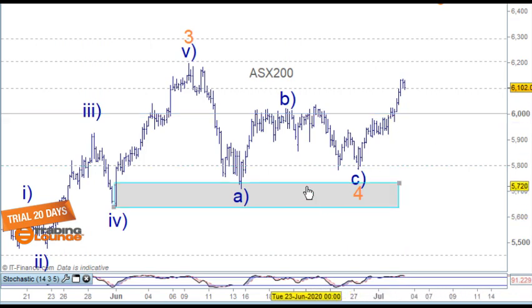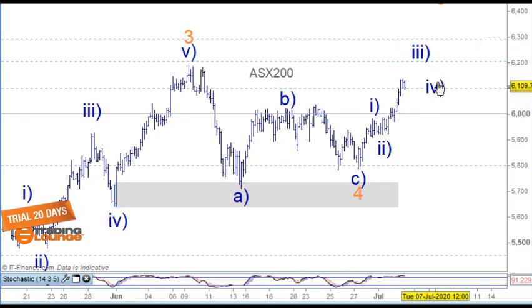So it's possible to have these 5 waves as 1 and 2 and 3 and 4 and 5 and be completed there. And then we would need to look at this as 1 and 2 here and 3 coming up to here, 4 here and 5. So we need to sort of play that game on that side of it. Obviously there's going to be resistance at the 62 here.